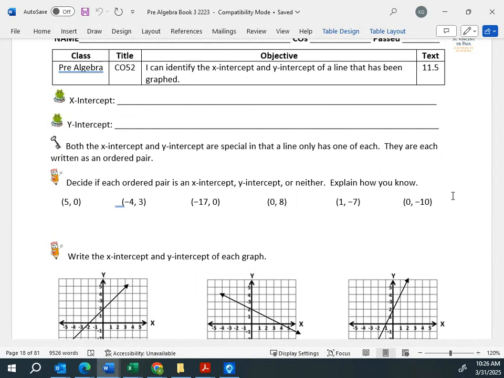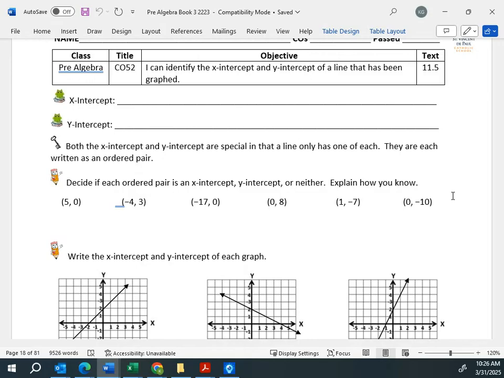So lucky for us, when we start our new units, that first objective of the unit is kind of just an intro. It's not too overwhelming. Okay, so x-intercept and y-intercept, we go, I've never heard those words before. That's really confusing. But once I explain them, you're going to go, oh, got it.